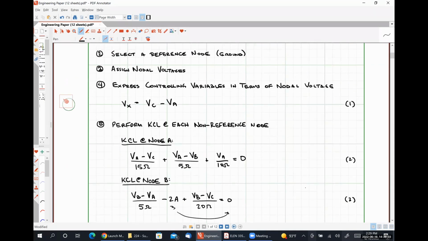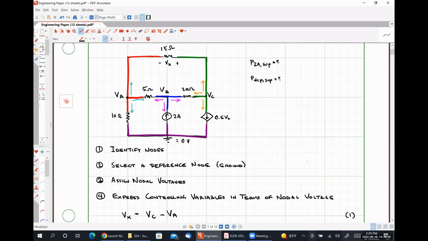We could determine the voltage drop over the 5 ohm resistor by saying either VA minus VB if we wanted the positive polarity terminal to be on the left, or VB minus VA if we wanted the positive polarity terminal to be on the right.